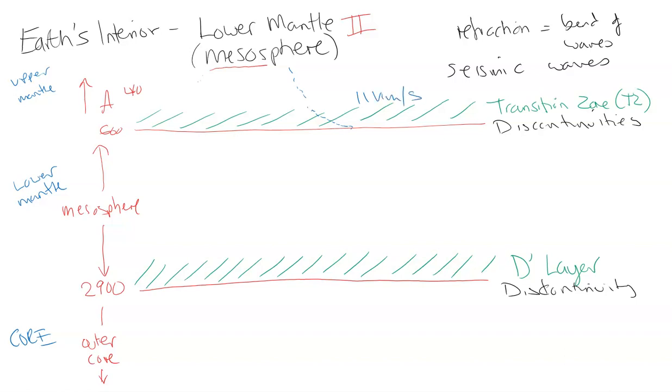That's still a very fast seismic wave, based on the density and composition, and it's going to increase even further as it goes deeper through the mesosphere, to an average of around 13.5 kilometers per second. So it does increase with depth, and at 13.5 it is by far the fastest depth that the seismic waves get to.